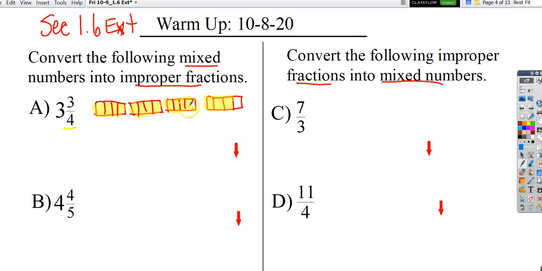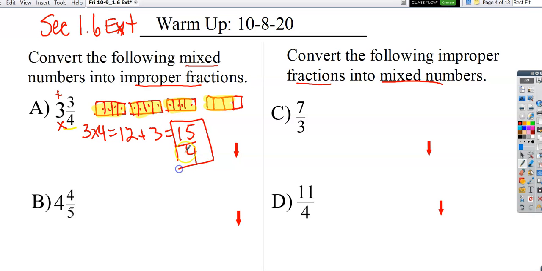Then if I count them all, 1, 2, 3, 4, 5, 6, 7, 8, 9, 10, 11, 12, plus the 3 that I had before. So what I'm doing is taking my whole number 3 and multiplying it by 4, and then adding in the extra 3. So 3 times 4 equals 12, plus the 3 over here gives me a total of 15/4.